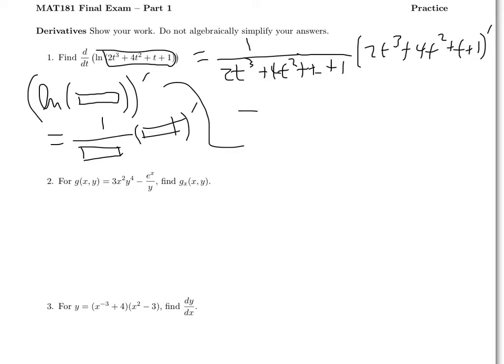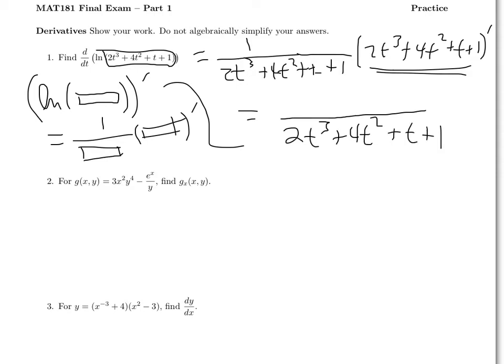And so the derivative of this should be easy, and since it's 1 over something times that, often we just write that as one big fraction. So the denominator is certainly this thing, and then the numerator is going to be this derivative. So the derivative of 2t cubed is 6t squared, the derivative of 4t is 8t, and the derivative of t is 1. So that'll be the answer to number 1.